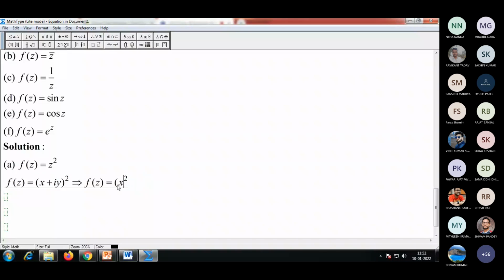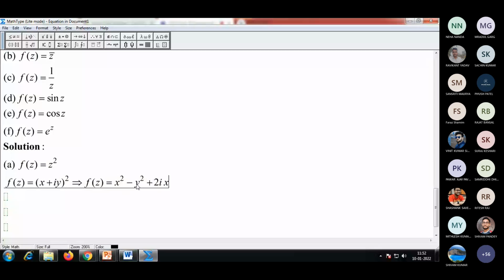Please tell me whether I'm right or not. x square, then minus y square, plus 2 iota xy.